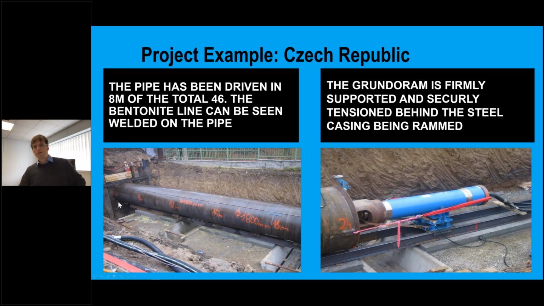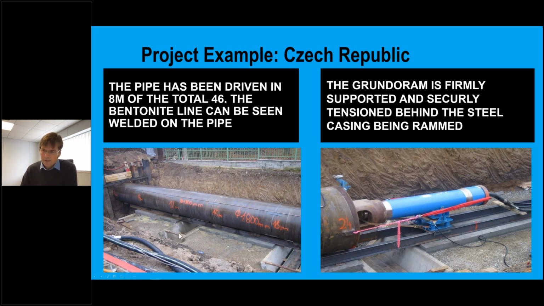That helps you to gauge the speed of progression during the operation. And what we can also see here is the tag welded lubrication lines. So they obviously used Bentonite Assist on this ram.